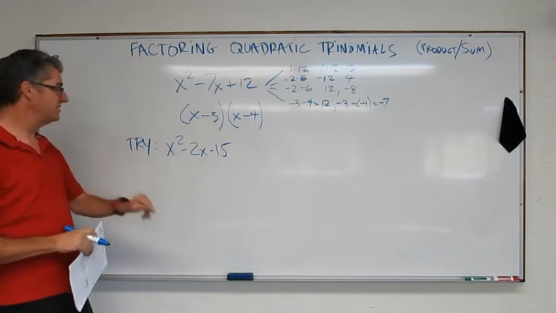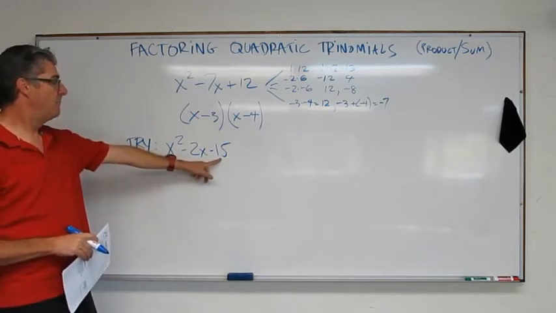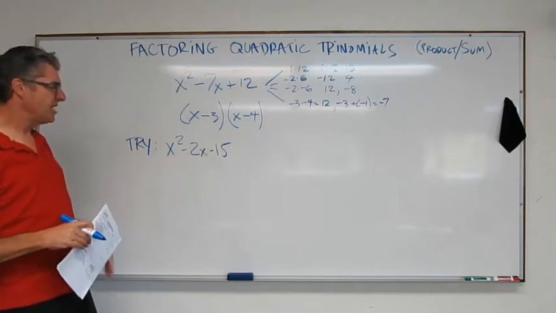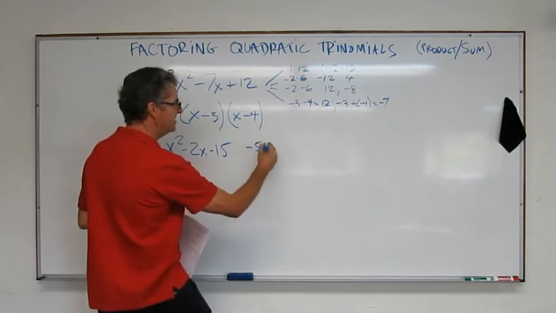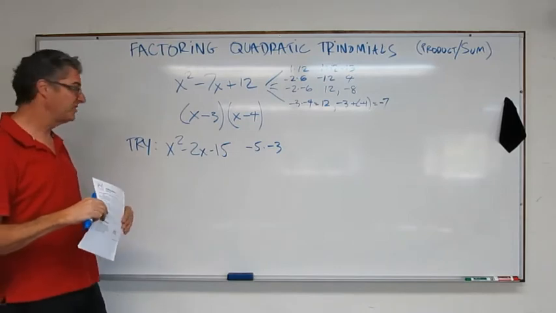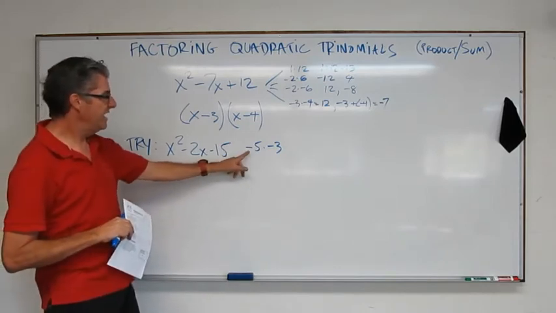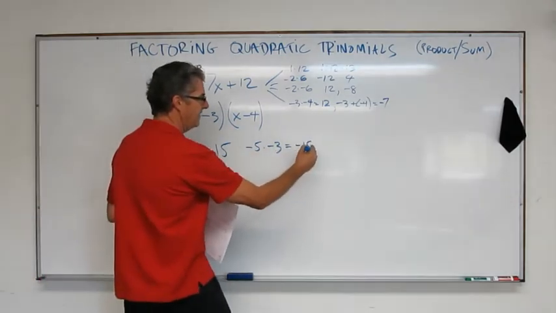I need two numbers that multiply to negative 15, but add up to negative 2. So let's see, I'm going to think, how about negative 5 times negative 3? Just kind of pulled that out of my head. I've been here before, so I have a good idea of what to guess for. So negative 5 times negative 3, negative 15.